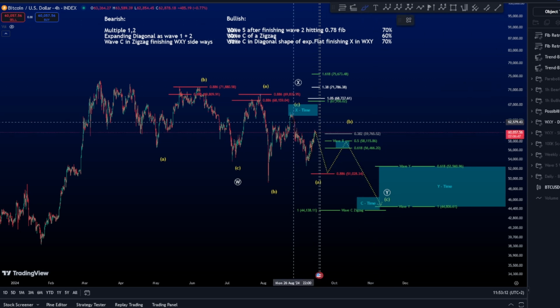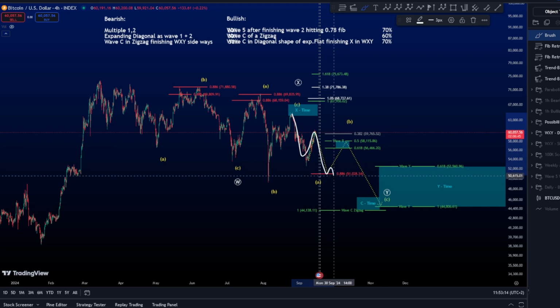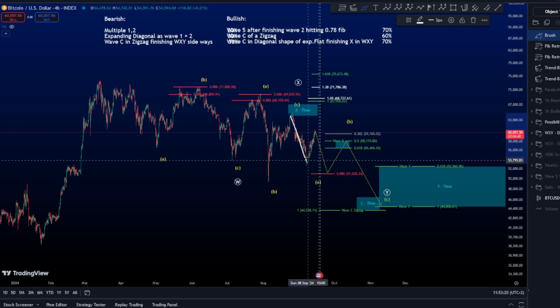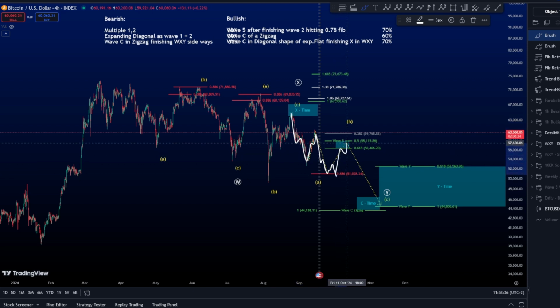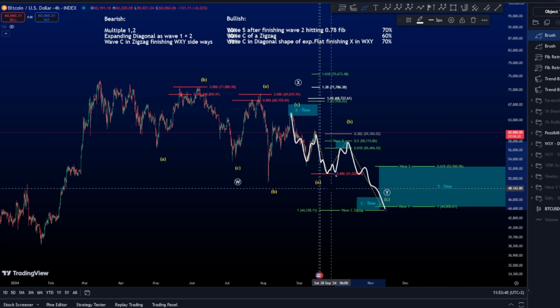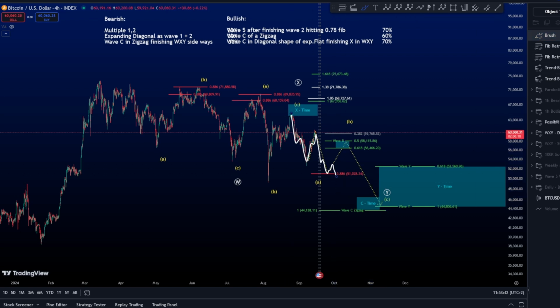So if we see here exactly an impulse towards the downside or finishing a diagonal, as you can see, this can be 3 waves up, 3 waves down, then we get 3 waves down, and then up, and then down. It can very easily finish as a contracting diagonal towards the downside, and then moving, of course, 3 waves up for a correction, then moving impulsively towards the downside, finishing a WXY in double zigzags.